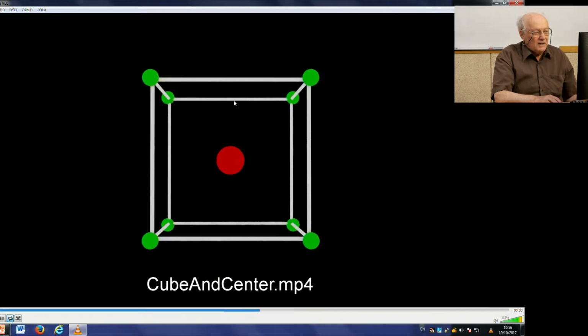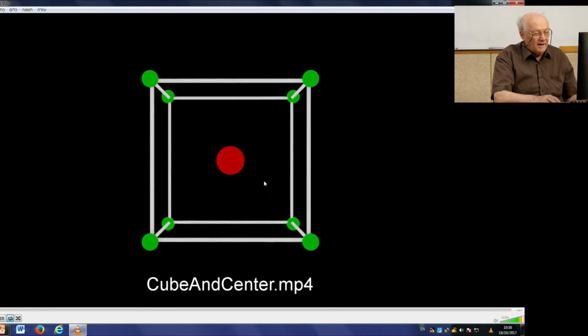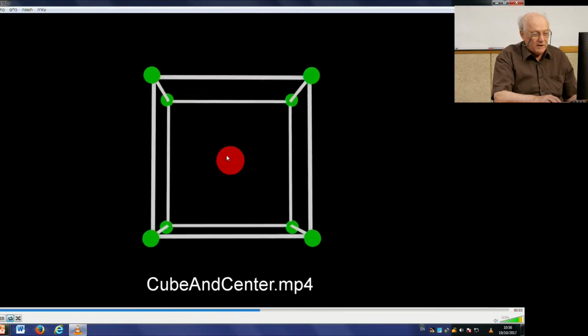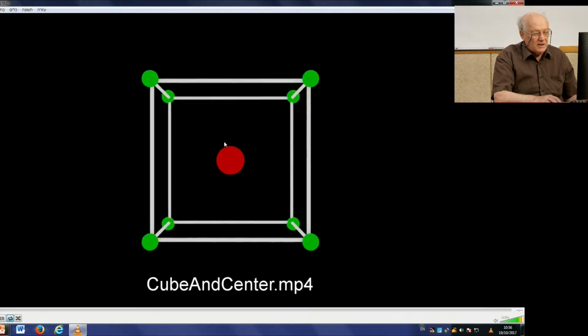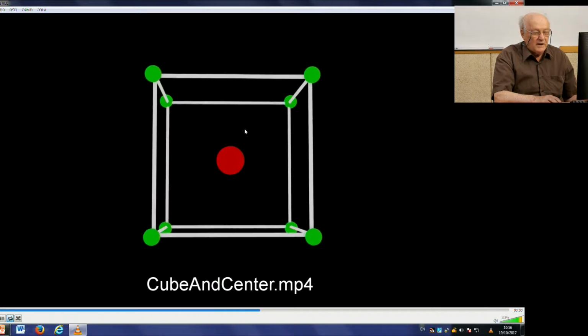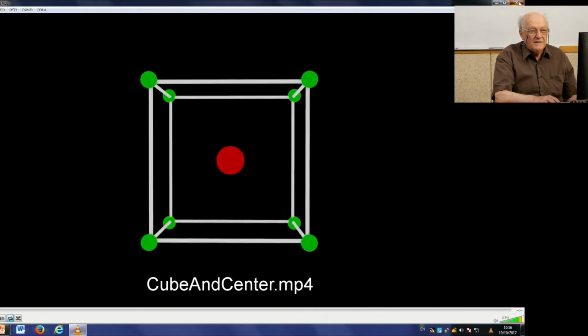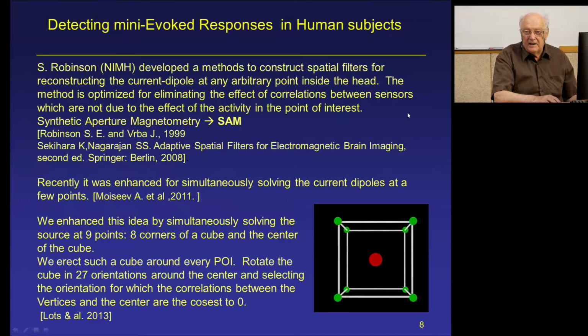We reconstruct the activity in all 8 points and the center simultaneously for 27 orientations of the cube. We then select the orientation which has the smallest correlation between the center and the vertices, and we call this the cortical current dipole amplitude at this point.